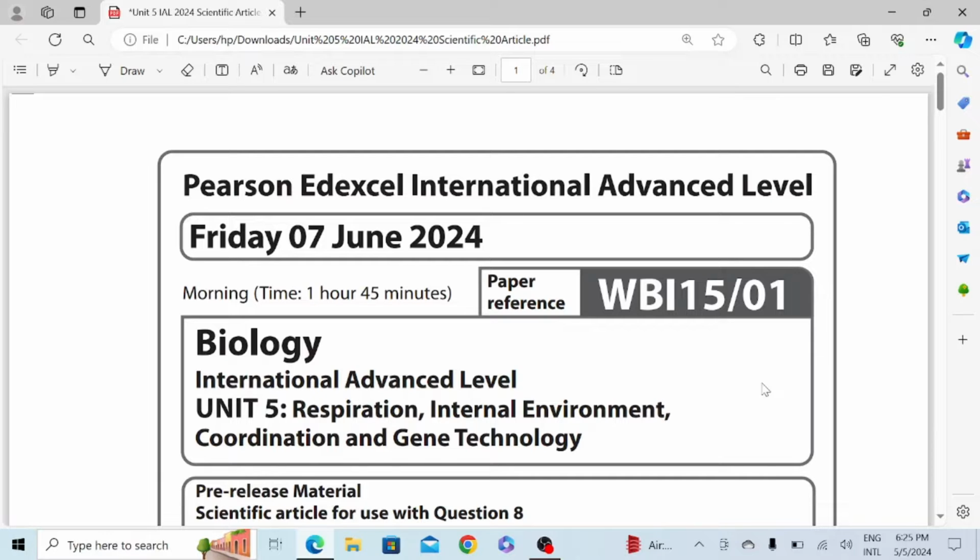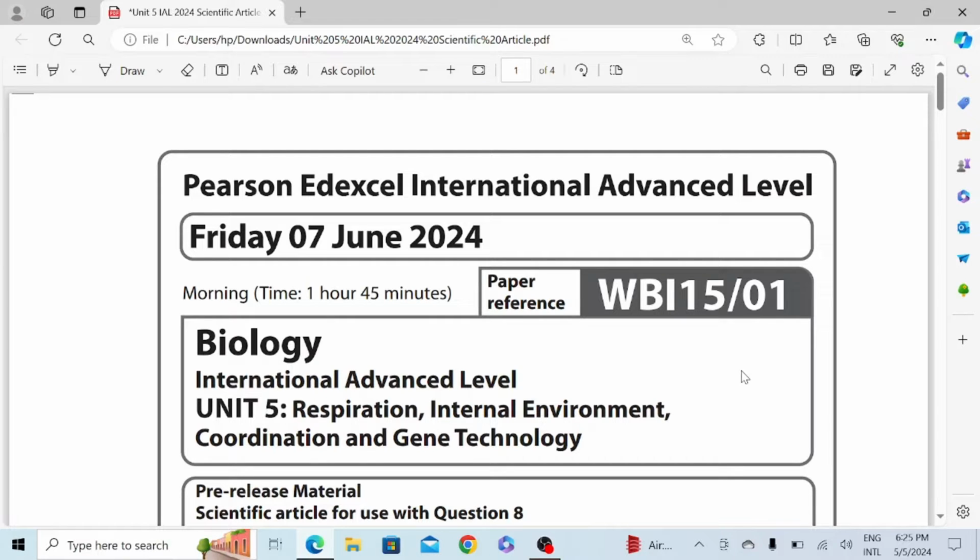The scientific article is generally released a couple months earlier before the exam so that you can study and analyze the entire article and study accordingly to answer question number 8 that would be coming in on your exam.